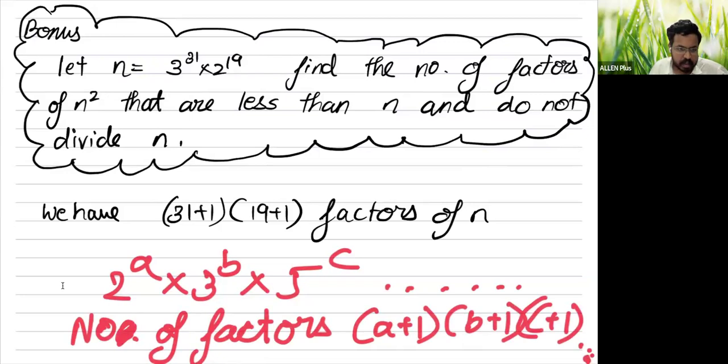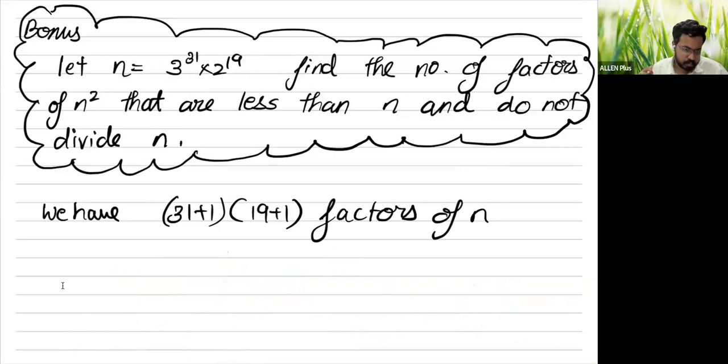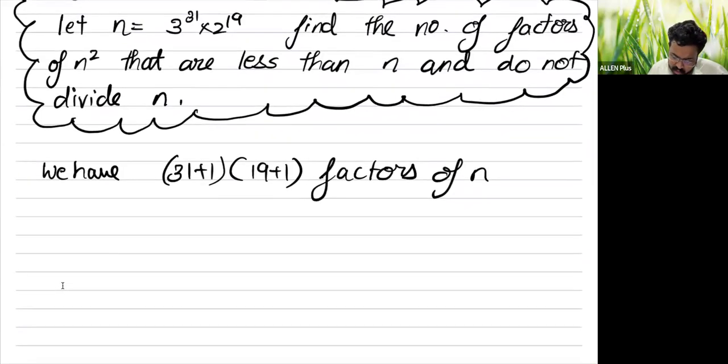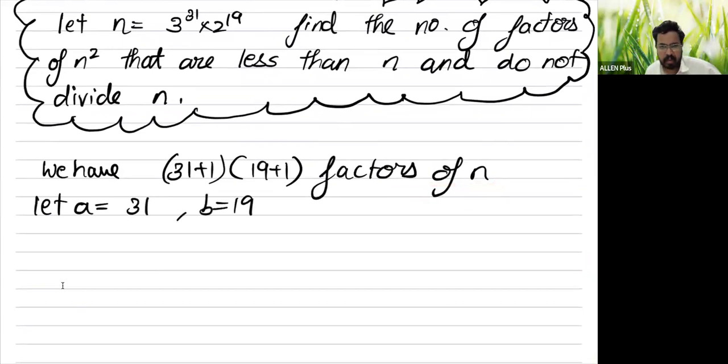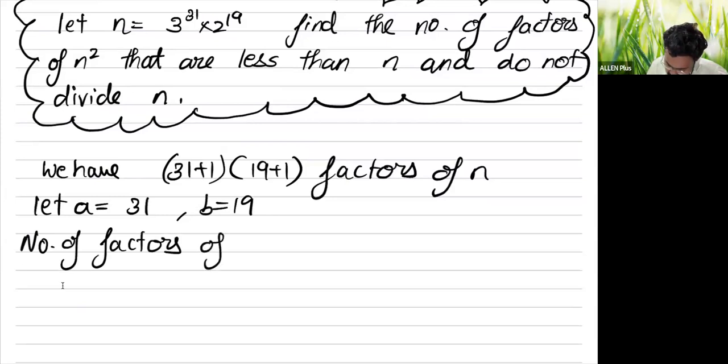The reason for that is simple. In case you have a query in that, you can ask me in the next class. Tuba, not correct. So these are the number of factors of n. For now, I'll just let a equal 31 and b equal 19 because that will be easier for my calculation. Number of factors of n square: this will be how much?